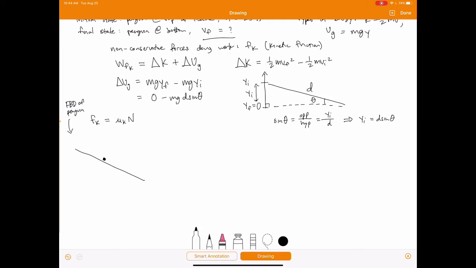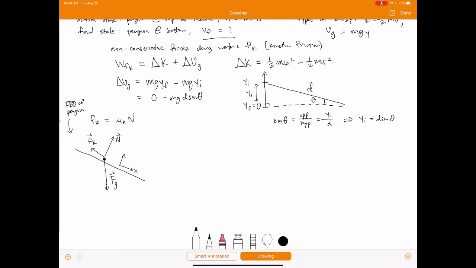And again, the idea is we're going to draw all the forces. So we have gravity, Fg, going straight down. We have friction going up the ramp, opposing the motion. And then finally, we have a normal force pointing perpendicular to the surface of the ramp. I'm going to draw a coordinate system that we'll use.